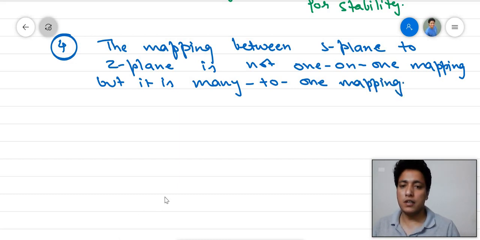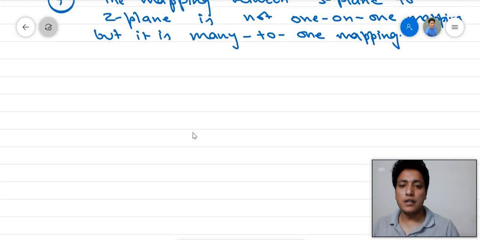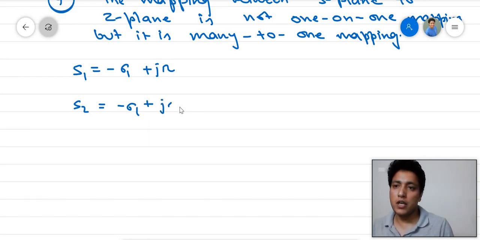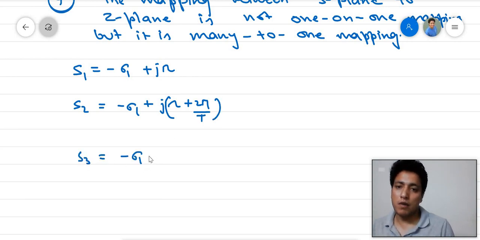We'll see an example. Let's say S1 is equal to minus sigma 1 plus j omega. Then we have S2, which is minus sigma 1 plus j omega plus 2 pi by t. Then we have S3 with minus sigma 1 plus j omega plus 4 pi by t.